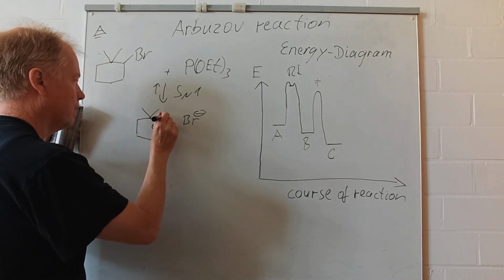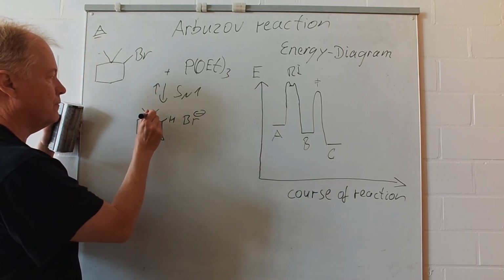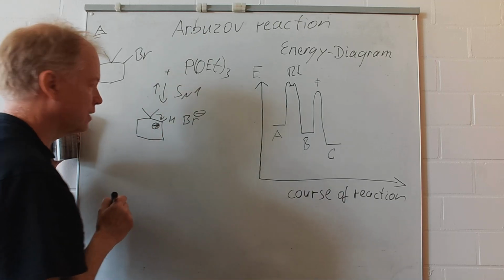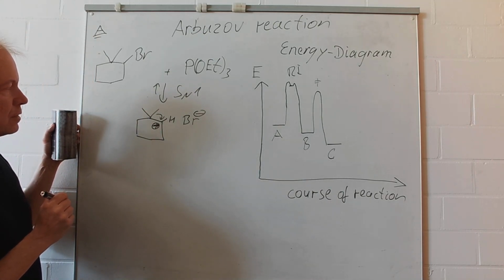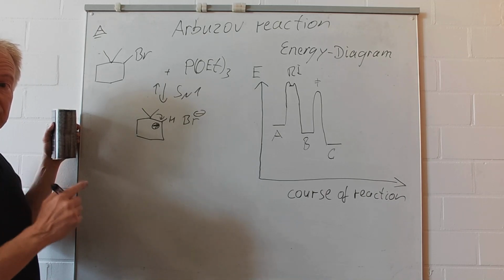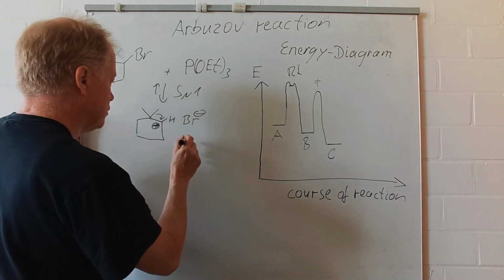But now one methyl group can migrate. It's a typical Wagner-Meerwein rearrangement.